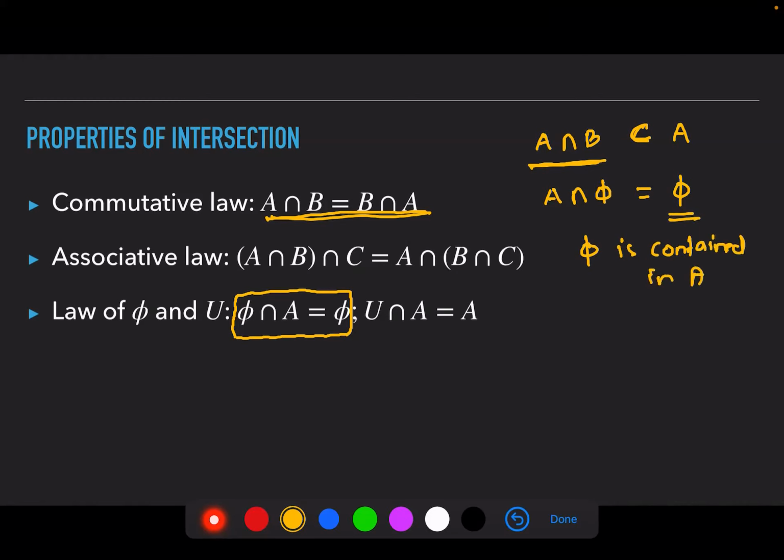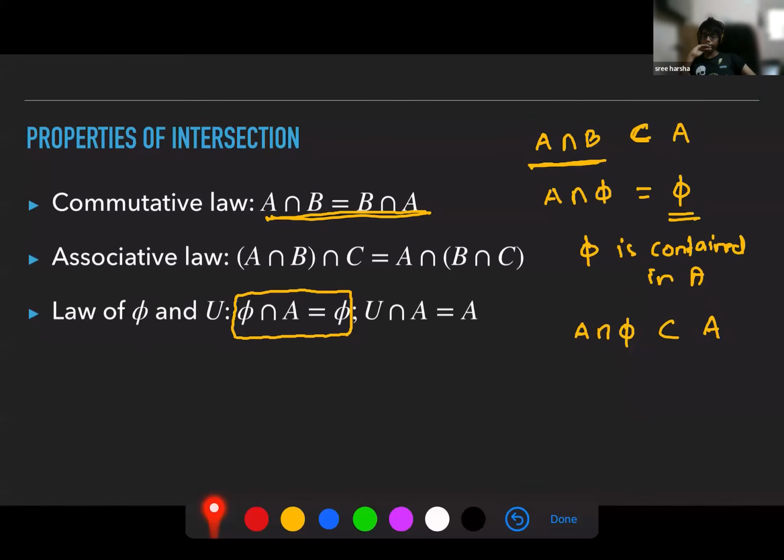Just as A intersection B is a subset of A, A intersection phi should be a subset of A. But A intersection phi is phi itself because there are no elements in phi. That means phi is a subset of A.